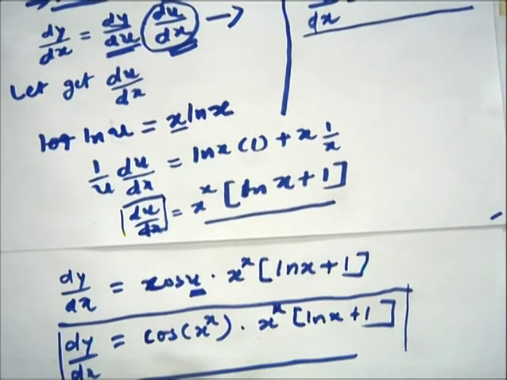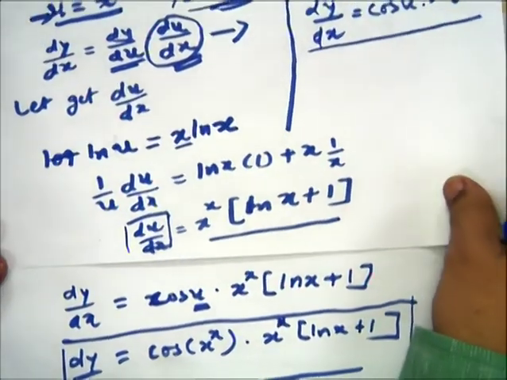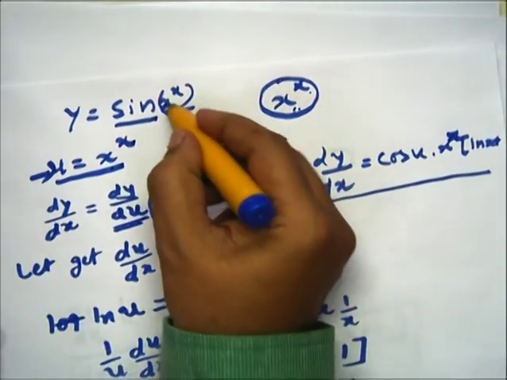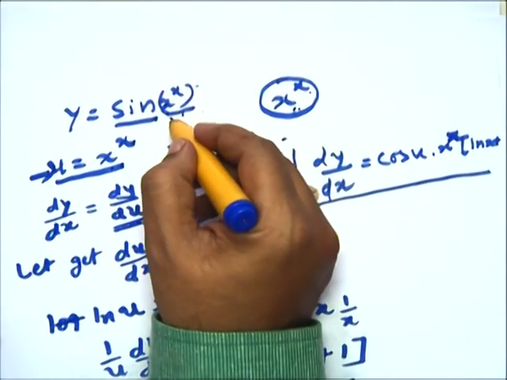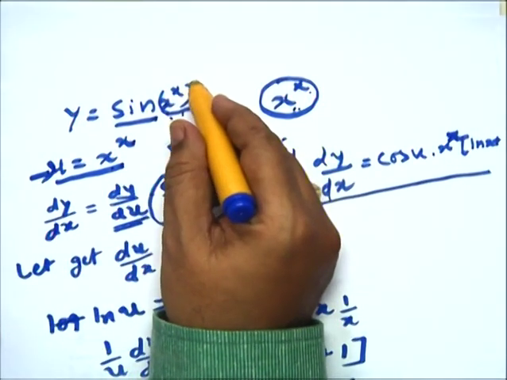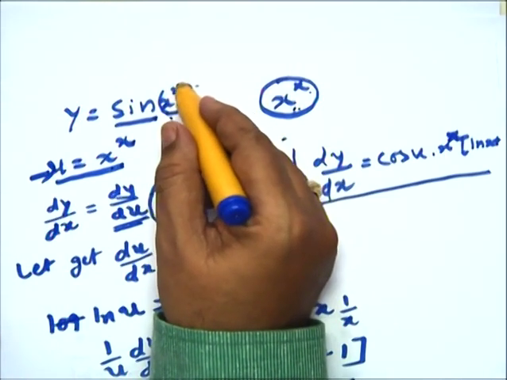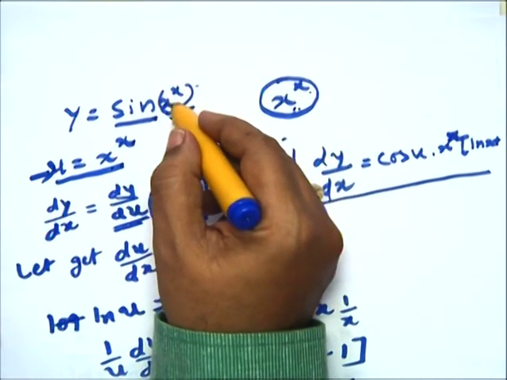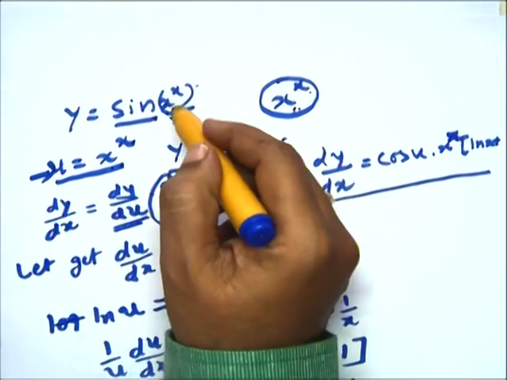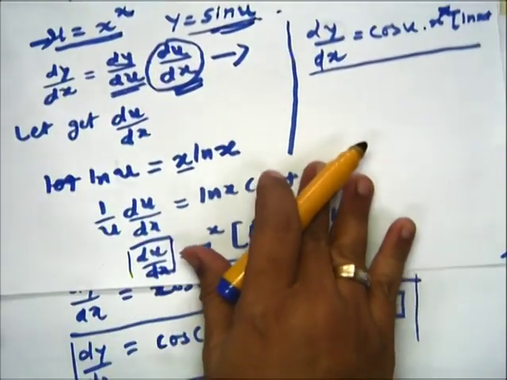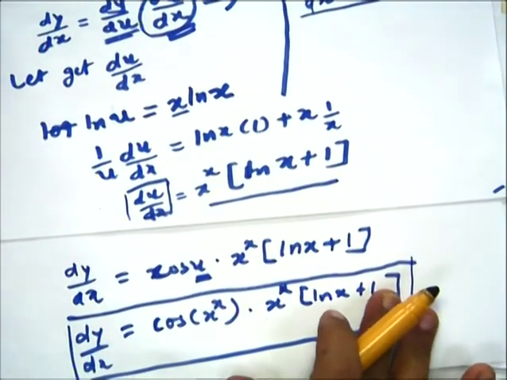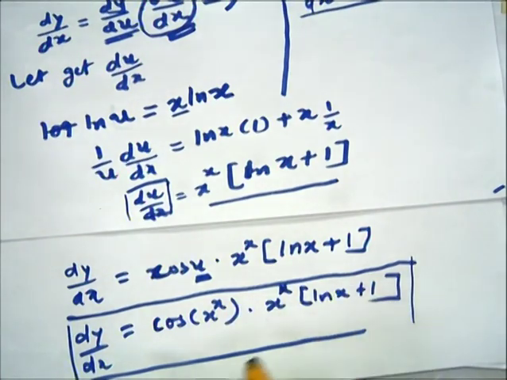Sometimes we may get a situation where the function is not directly given in the form of x raised to x, or variable base to the variable power, but one part of the function is of that form. Here we can separately differentiate it using logarithmic differentiation, and then use that derivative to get the derivative of y with respect to x.